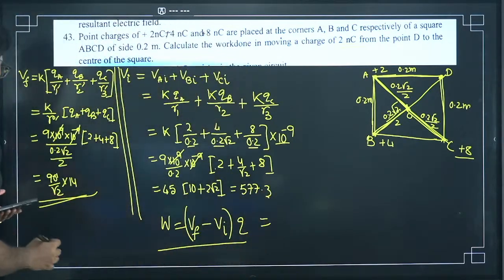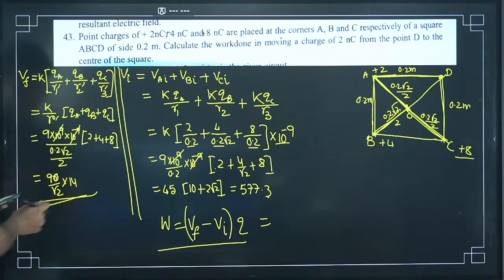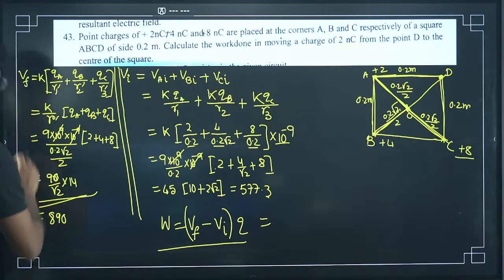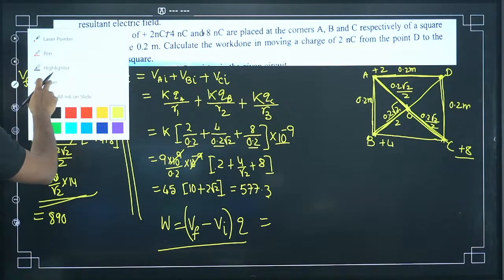Okay, and this will be $90 into 14 divided by 2, it will be 890 point, okay, it will be 891 approximately.